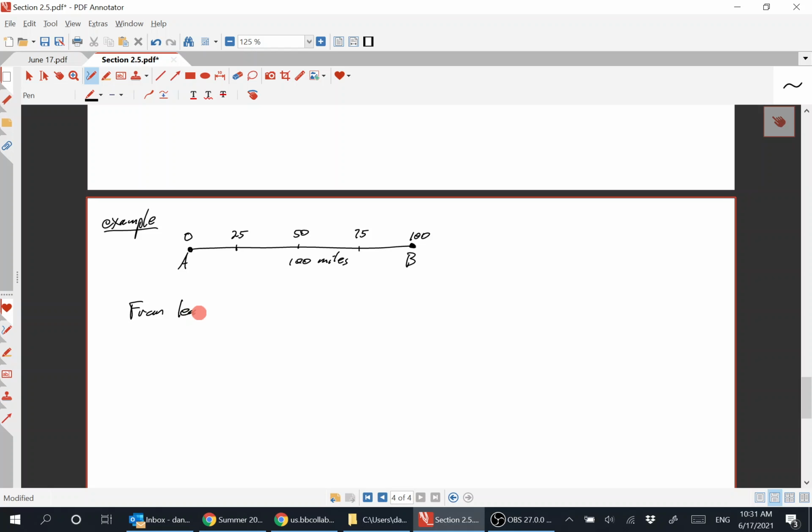So Fran leaves point A going in this direction, traveling at 30 miles an hour.